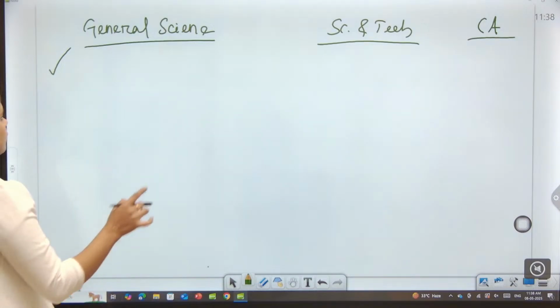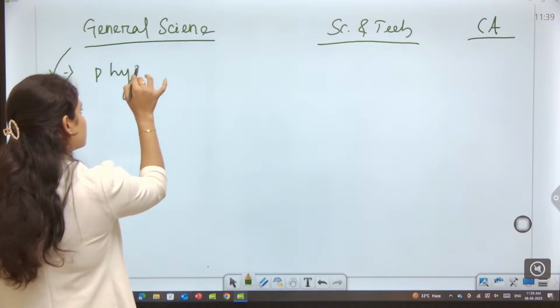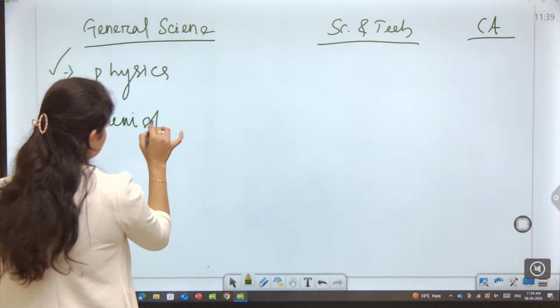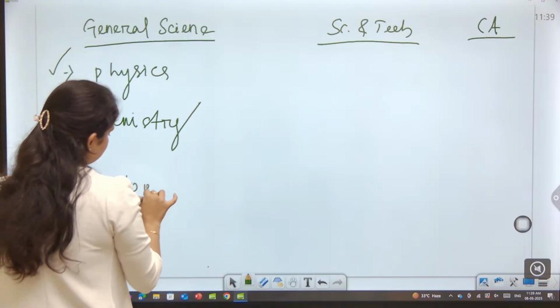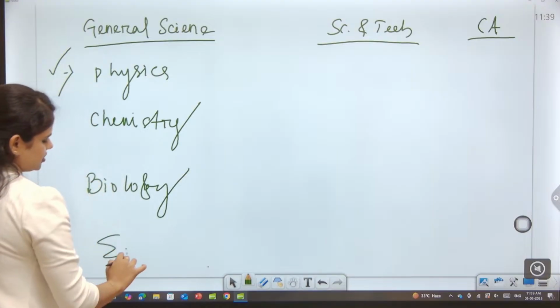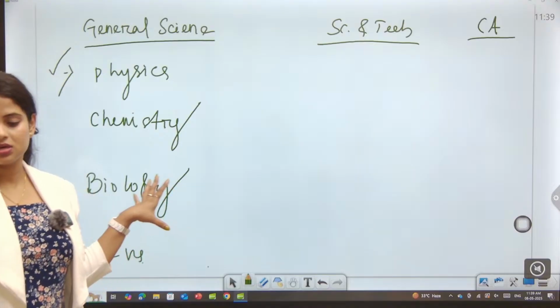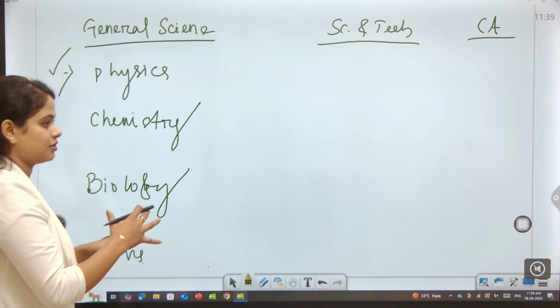Okay. So first of all, you can see the general science: physics, chemistry, and biology, or else the EVS. You have to add this much time.